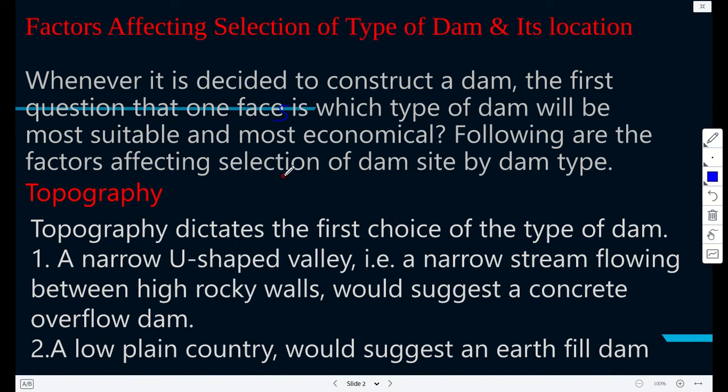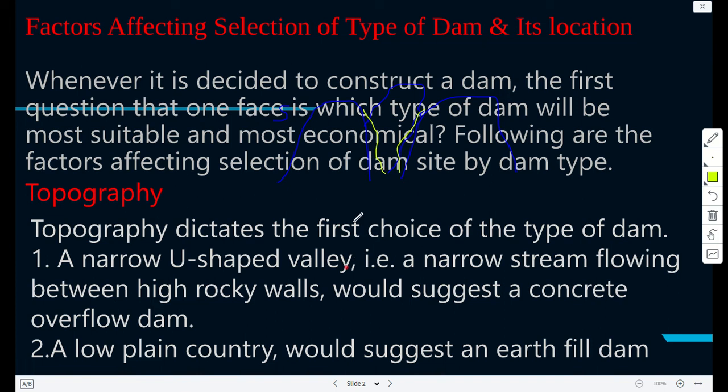So if, for example, you have mountainous terrain, and then there are streams flowing from the mountain, and this is downstream.